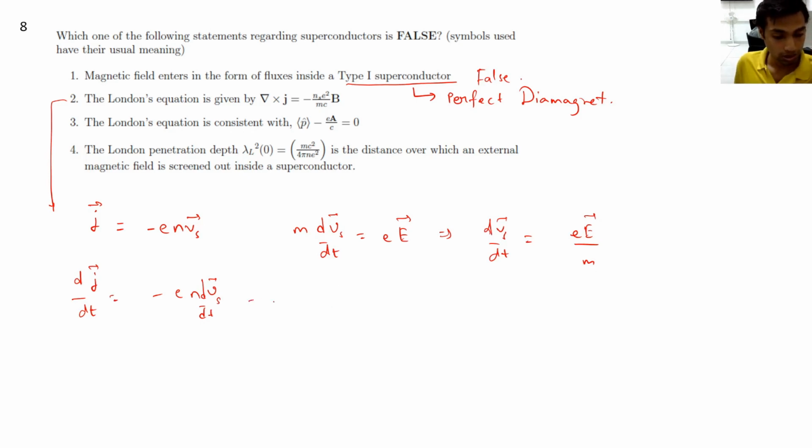So we can write minus n e times e by m, so minus n e square E over m. So the E will have this minus sign.